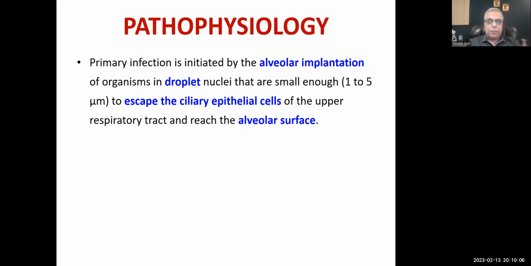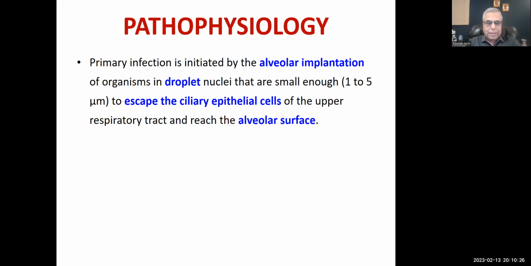And it's only after that that the droplet can reach the alveoli. So there is a very high likelihood that the droplet will be caught by the cilia. It will hit the walls of the airways and it will be caught by the cilia, right?